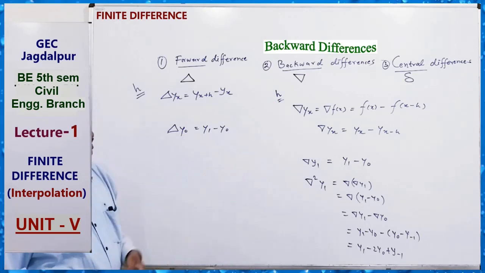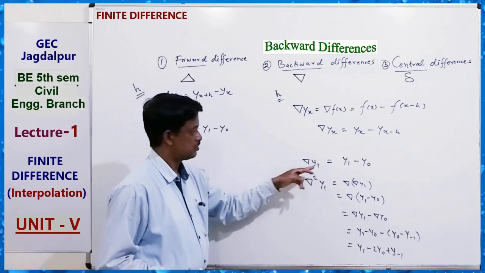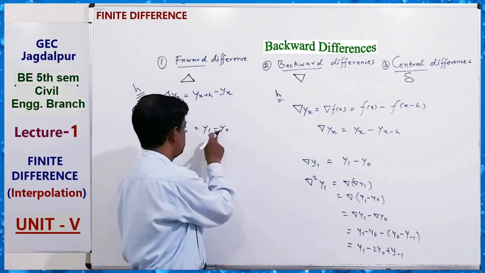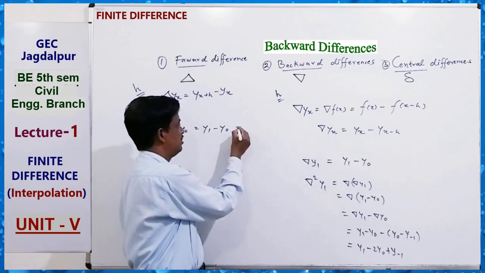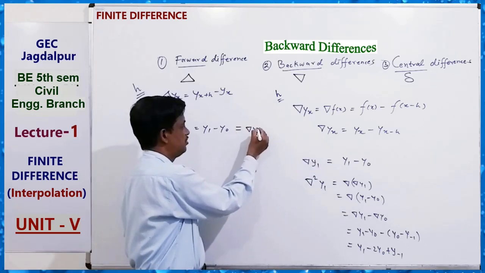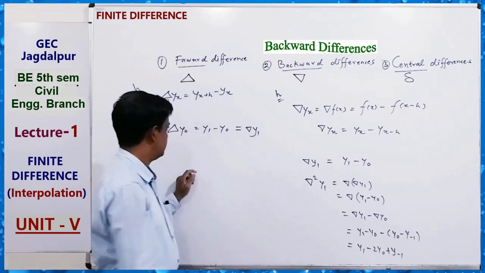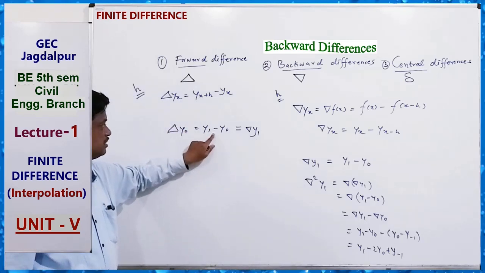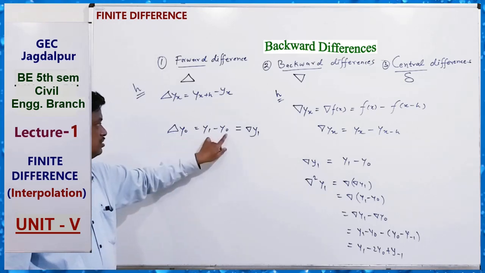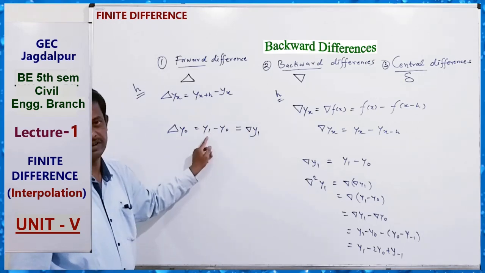This is the backward difference. Clear? The same thing can be written as the backward difference of y1. This is the forward difference of the same quantity: the forward difference of y0, the backward difference of y1.